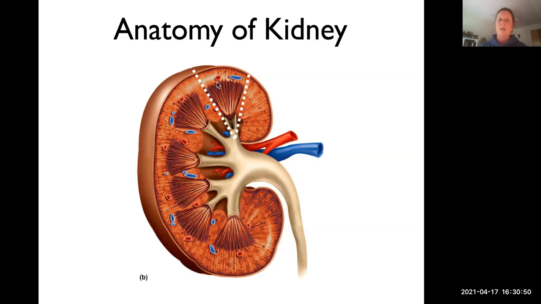The inner part here, which is where the sauce and cheese and toppings would be, is known as the medulla, which means middle. And the structures that are going to be filtering the plasma are located both within the cortex and the medulla, and depending on where they are, they contribute differently to the functions of the kidney.